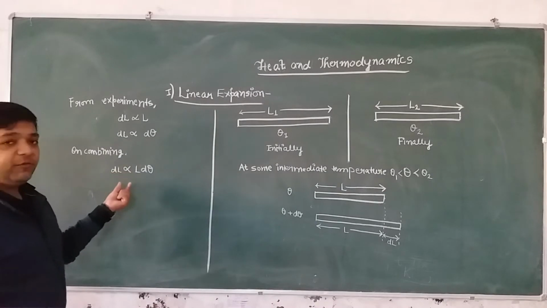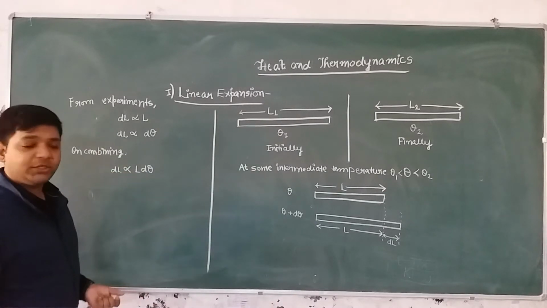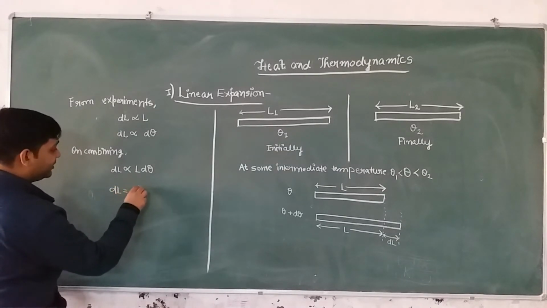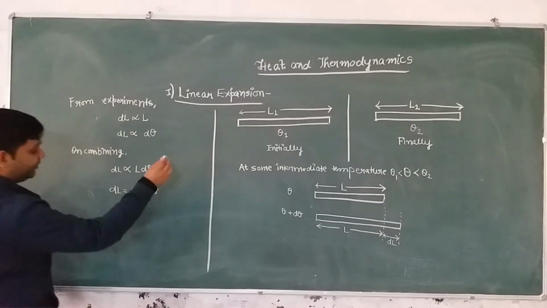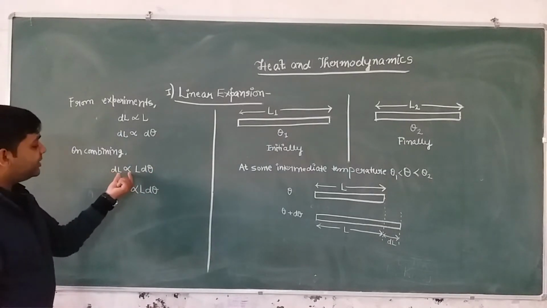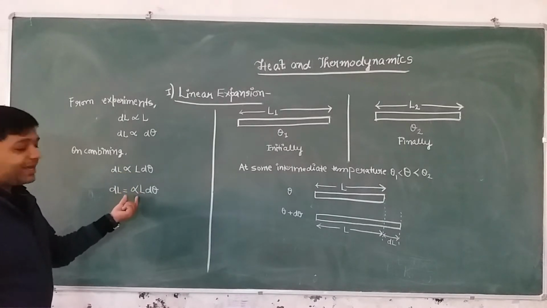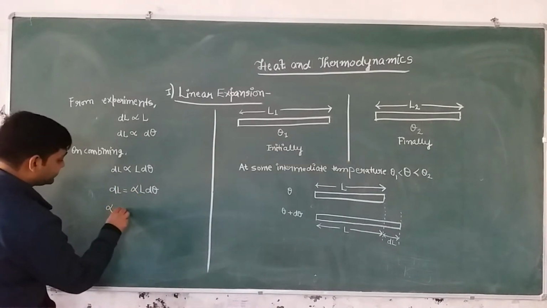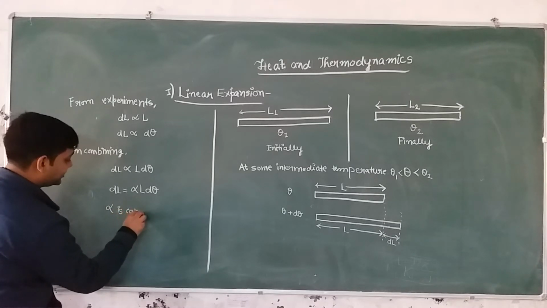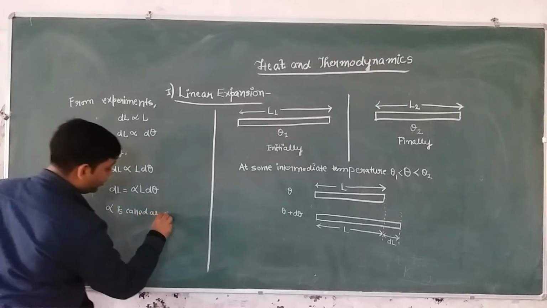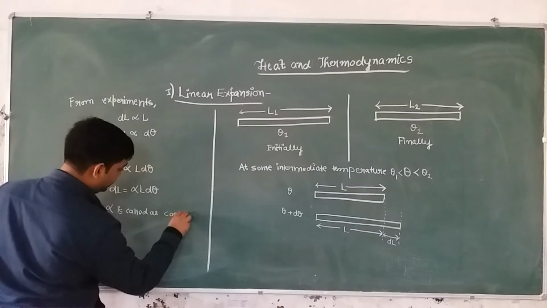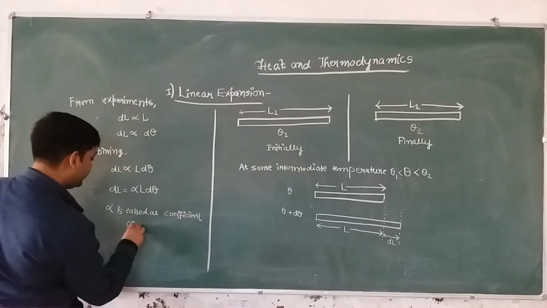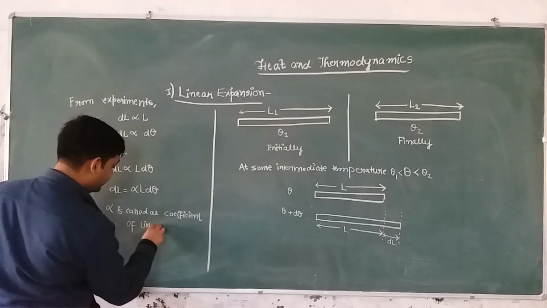Now we can remove this proportionality sign and introduce one constant of proportionality which is called alpha, and this alpha is called the coefficient of linear expansion.